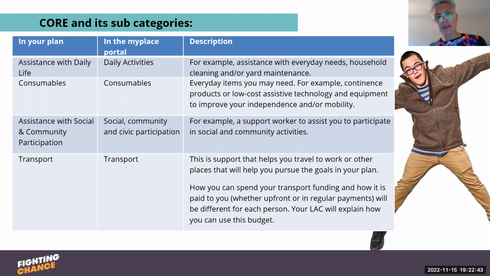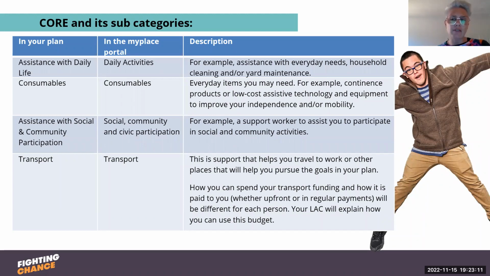So just know that you have the choice there, because they'll often default to saying it will be in your bank account. It's seen as a contribution to Ubers or taxis, or the transport to and from day programs, or to and from work, or to and from appointments for people who cannot drive, or cannot travel independently in the community.